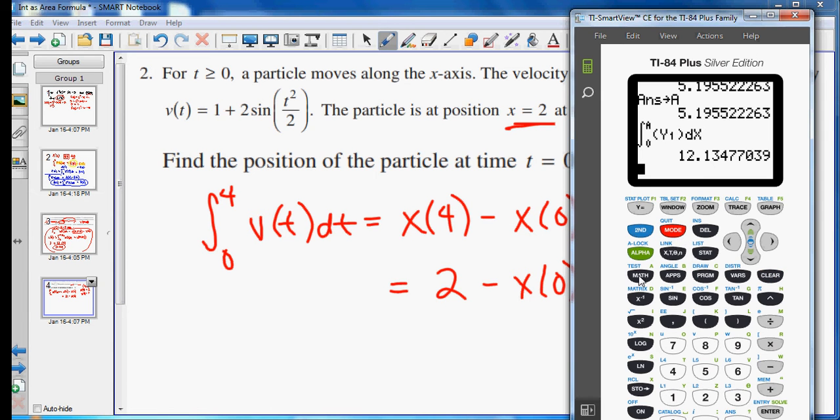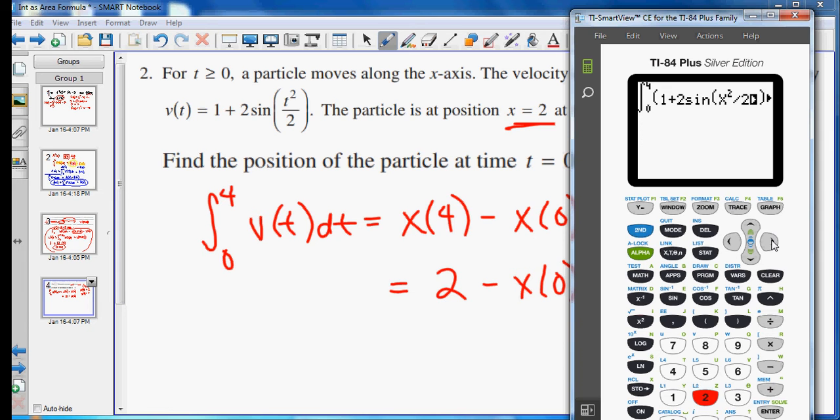So we'll do math. Just one second, let me clear out here. Math 9. We're going from 0 to 4. I'll plug in the velocity equation. 1 plus 2 sine of x squared over 2.